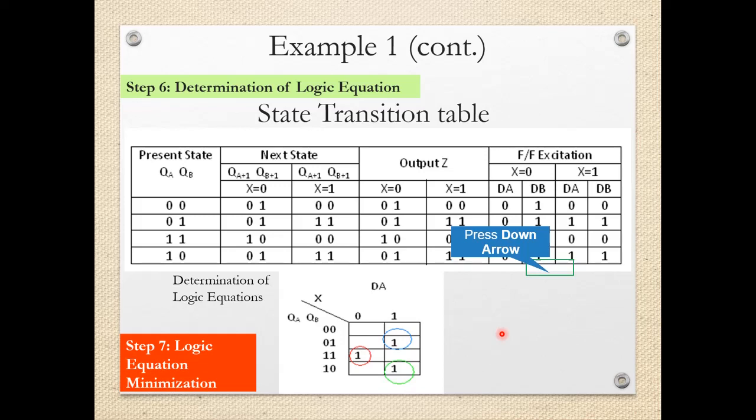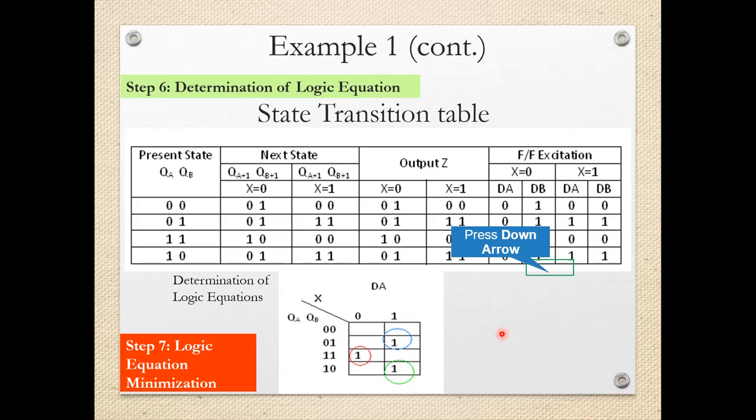As a 2-bit code is generated, we require two outputs from two flip-flops. So two flip-flops will be required for implementation. DA and DB will be the inputs to the flip-flops, and the same will be available as QA and QB.